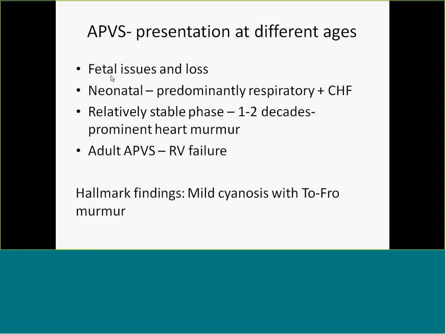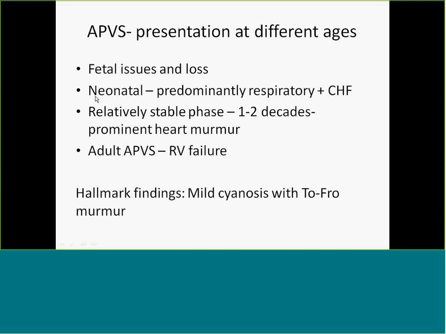Fetal group we hardly ever see. Only fetal specialists may be seeing it on ultrasound studies, and most of them are lost before delivery. Only about 50% reach term. So that's the fetal group.